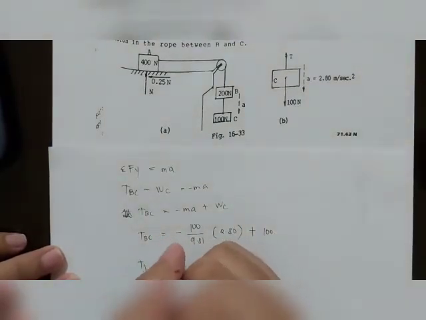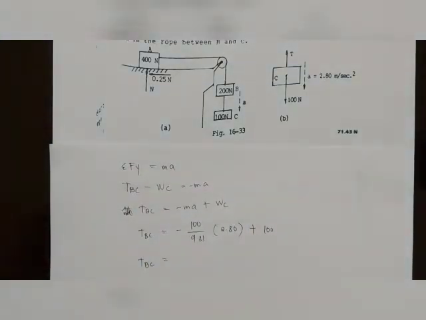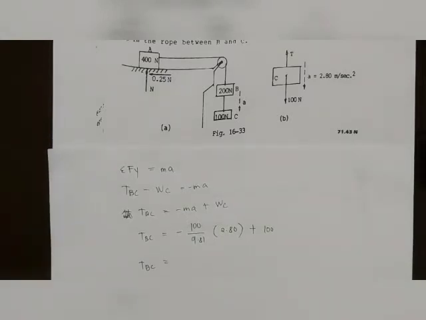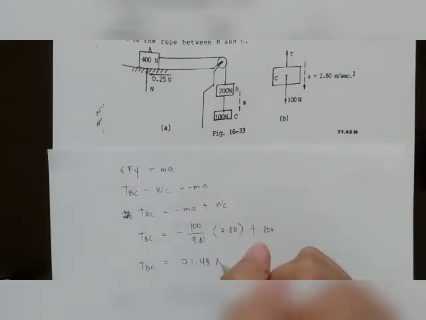So tension BC is equal to, solving this in the calculator, we'll get that tension BC is 71.43 Newton.